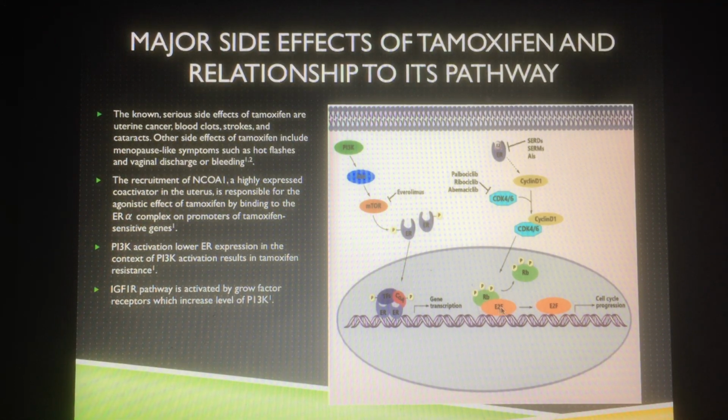The RB protein, whenever it's together with the E2F factor, does not produce any gene expression. But whenever the E2F factor is free, it produces cell cycle progression, in which the cancer cells are activated and proliferate.